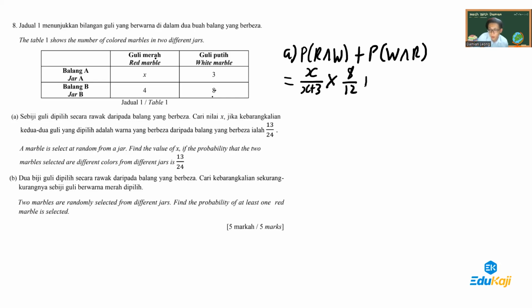Okay, plus probability of getting white from jar A, 3 out of x plus 3, times probability of getting red from jar B, 4 over 12. Yeah. Okay. So that will be equals to the 13 over 24.